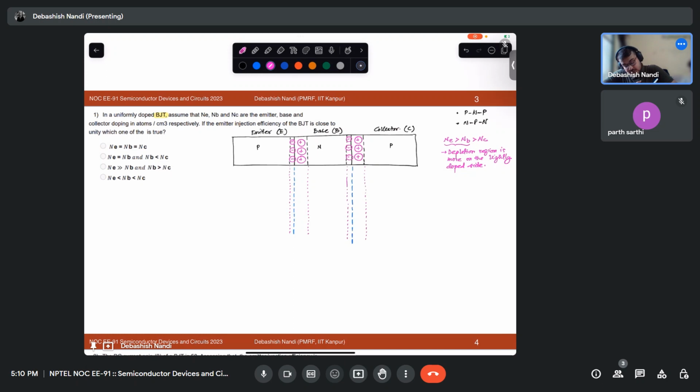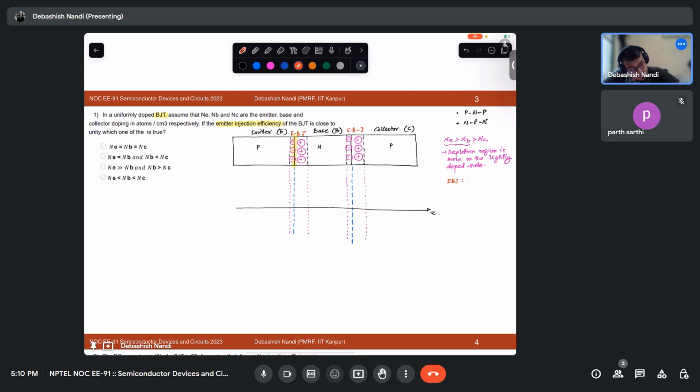Let me take the x direction. As we are asked to compute the emitter injection efficiency, we'll be mainly focusing on this part. This is called your EBJ, and this is called your CBJ.